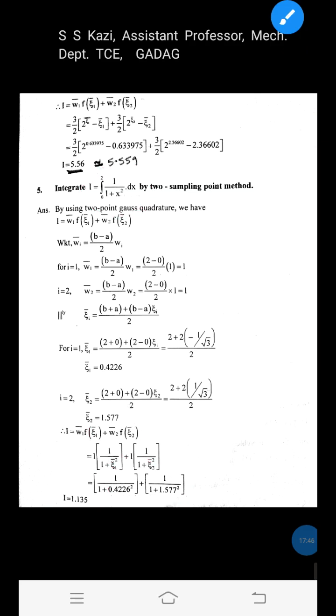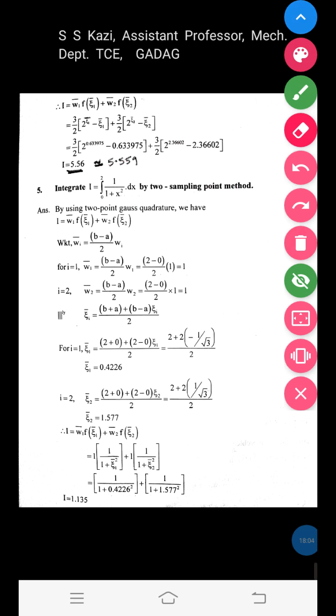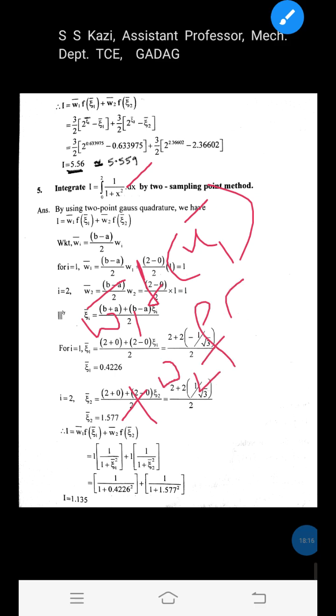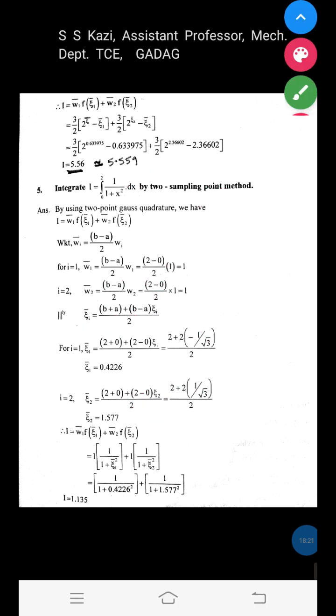And my dear students, since the integral is given with respect to variable x, here you may use this integral can be approximated to w1 bar into f of x1 bar plus w2 bar into f of x2 bar. Like this also you may use.